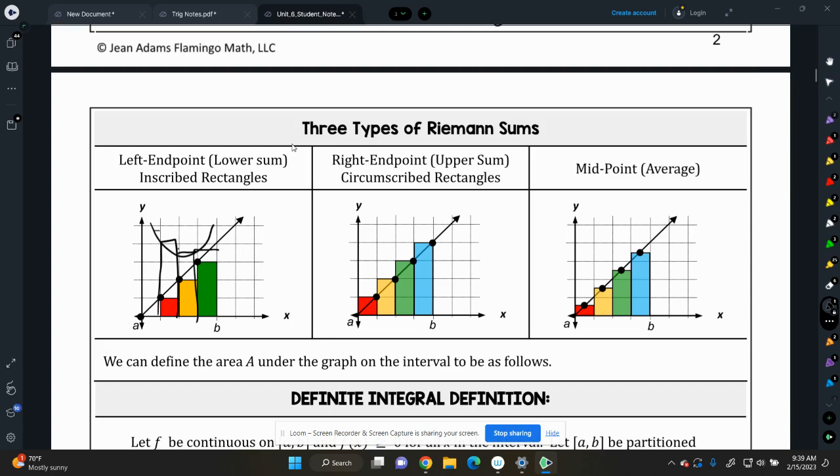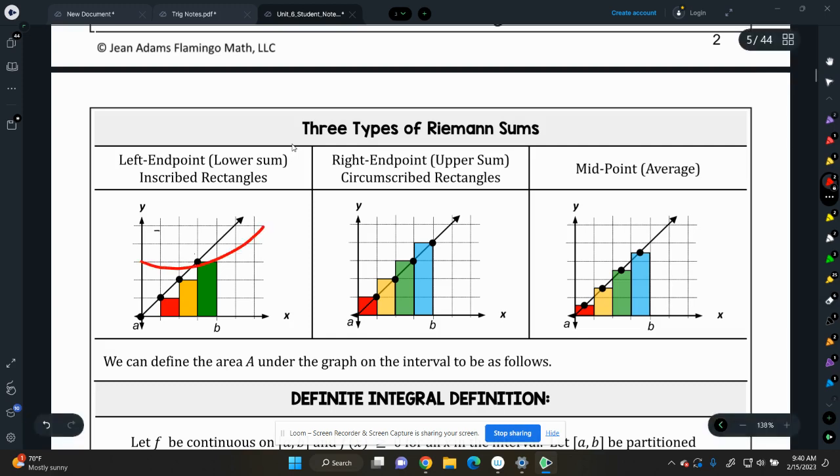So if it's concave up like that, are you not looking for what's inside, like above? Yeah, good question. Remember, the integral, or the Riemann sums, is giving us the area between the curve and the x-axis.